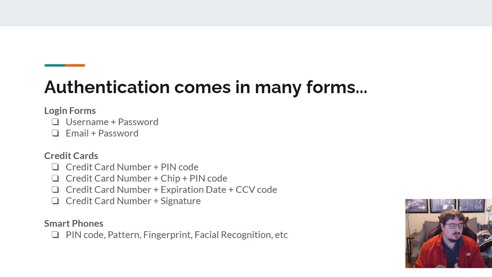But generally, all of those are options for you to unlock your phone or potentially use other apps like your banking app, for instance. You might log in with your fingerprint or things like that. So all of those things fall under the umbrella of authentication.